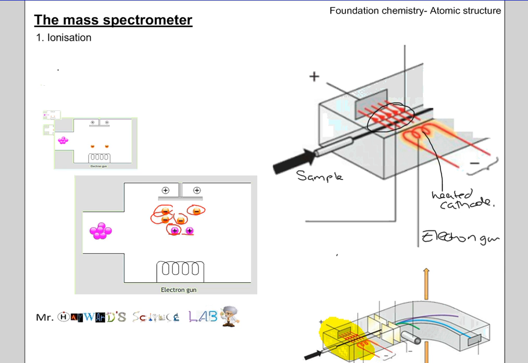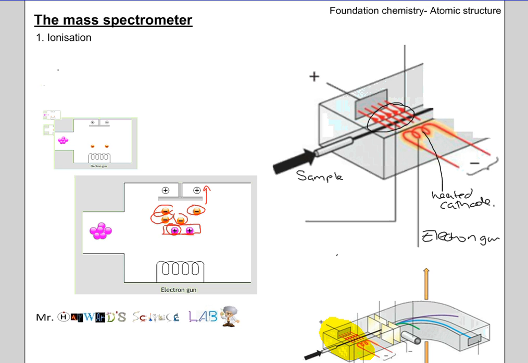Okay, and the key thing to look at now is you can see that the atoms are now charged. They've lost the electrons. Those electrons are just going to go over here with all the others, and the atoms are now charged. So that's the first stage, the ionization stage of the mass spectrometer. So that's where you're putting your sample in and it becomes charged.